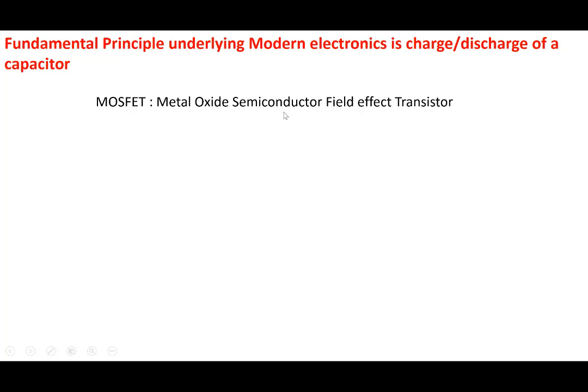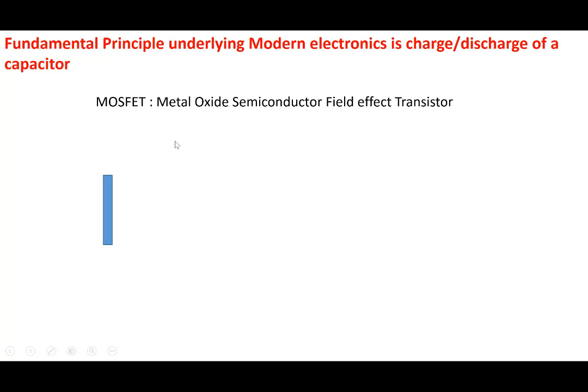Now that's the topic of our second module in this particular course when we talk about semiconductors and amplifiers and all that. But today, while we are talking about capacitors, I want to highlight how capacitors are important from a MOSFET's point of view, and how charge and discharge of a capacitor is so fundamental to operation of modern electronics. So I'm going to describe a MOSFET at this stage in a very simple manner here. A MOSFET, as its name indicates, is metal oxide semiconductor.